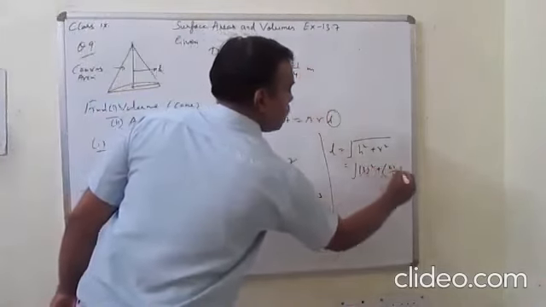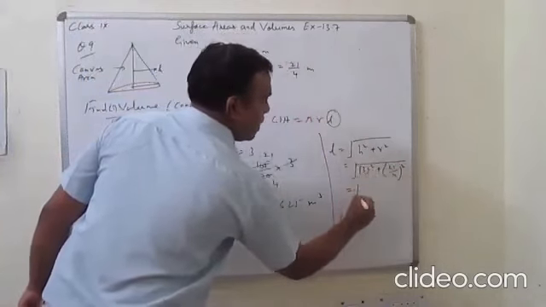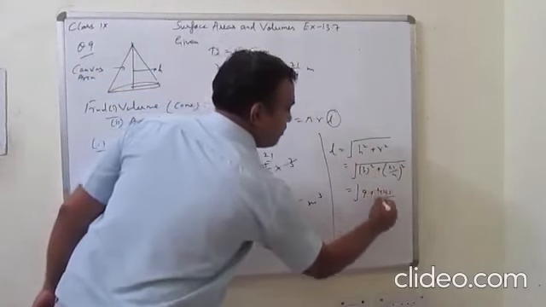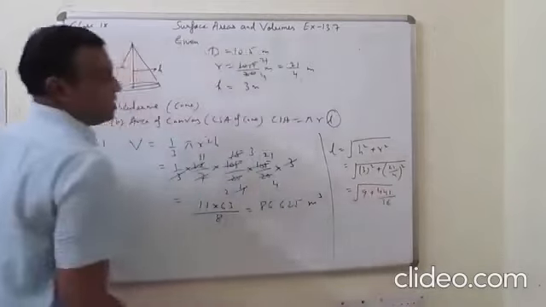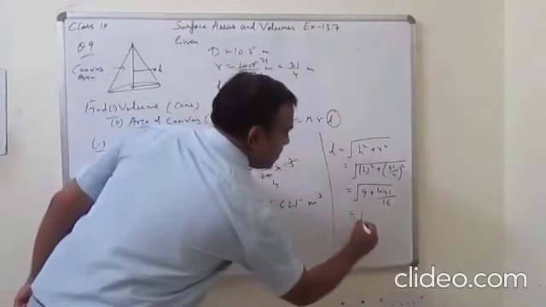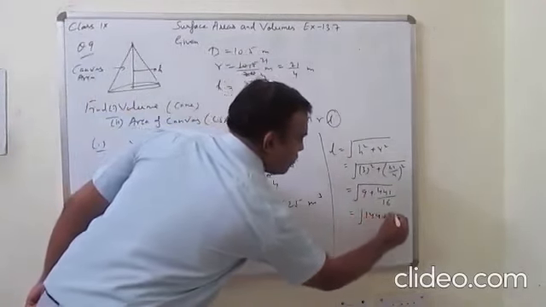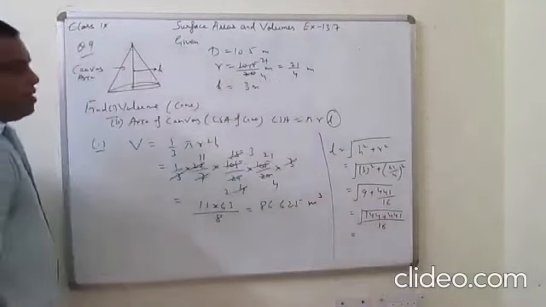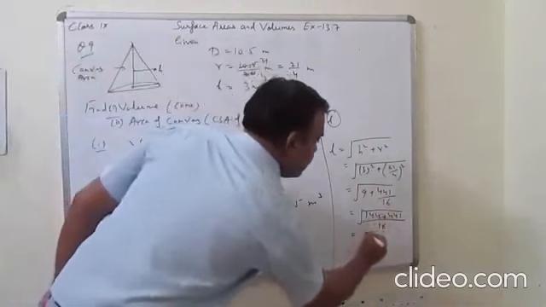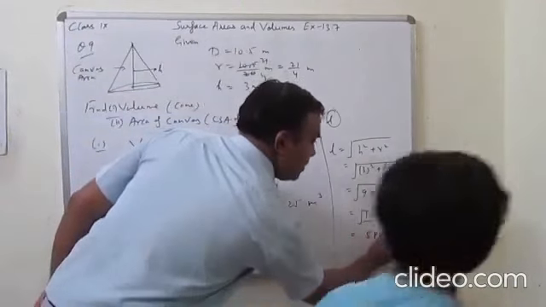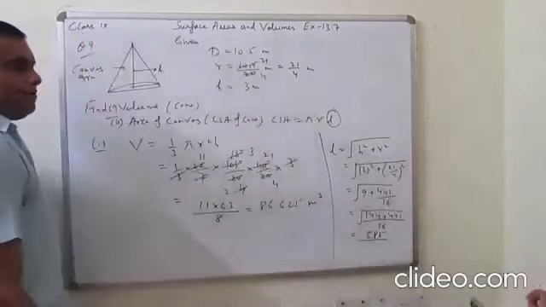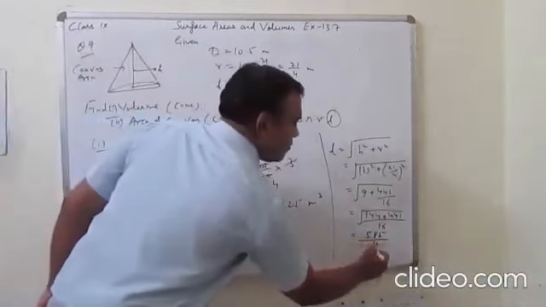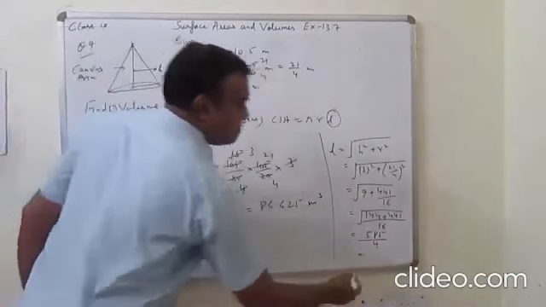The square of 21 upon 4 meter is 9 plus 441 upon 16, so 144 plus 441 upon 16. Now it will come 585 upon 4.